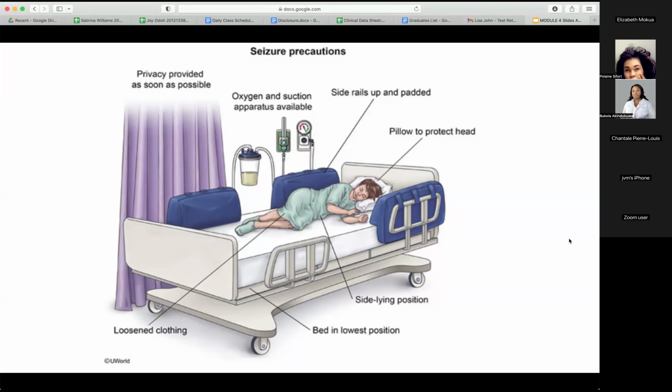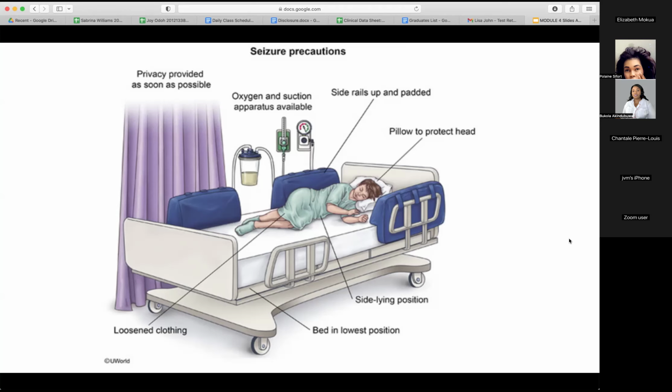What are we using to protect his head? Pillow. But to protect his head from what? From the bed frame. Beautiful. We're protecting it from the headboard, right? Because what if he starts uncontrollably hitting his head on the headboard?